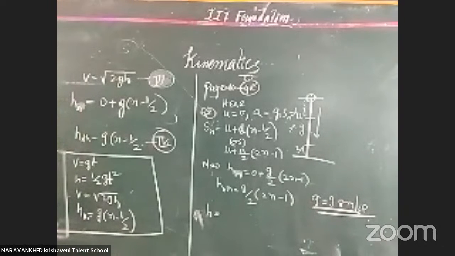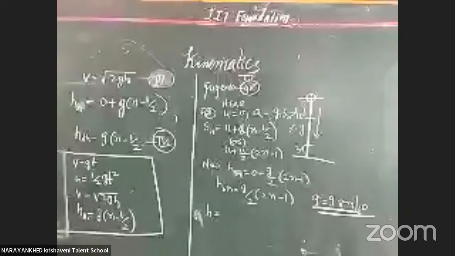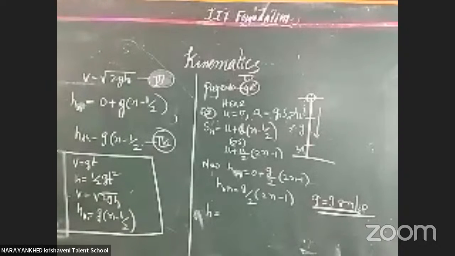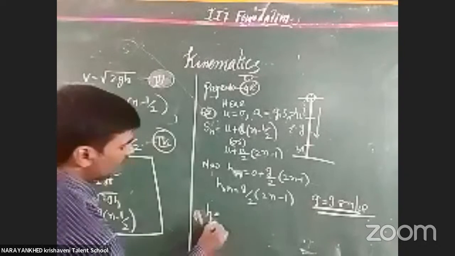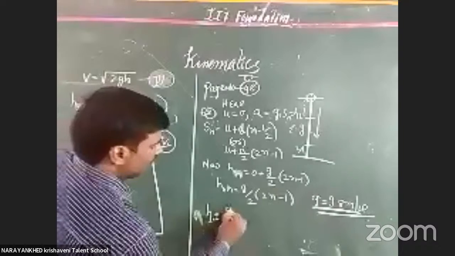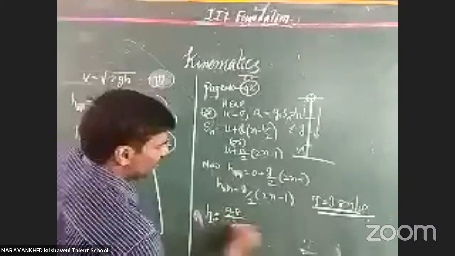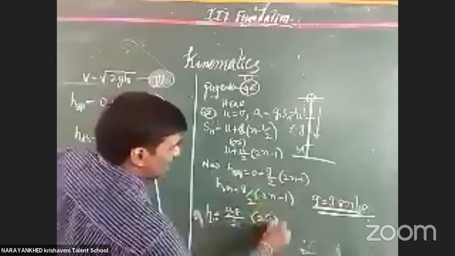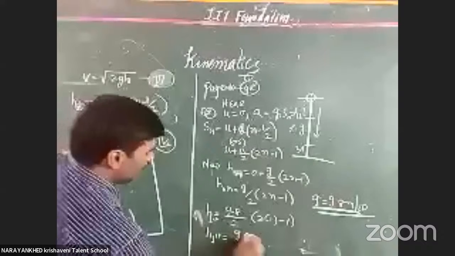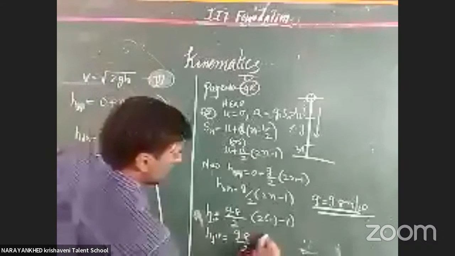Here h is equal to 9.8 by 2. What is the n here? n is 1, so 2 into 1 minus 1, what is that? 1.